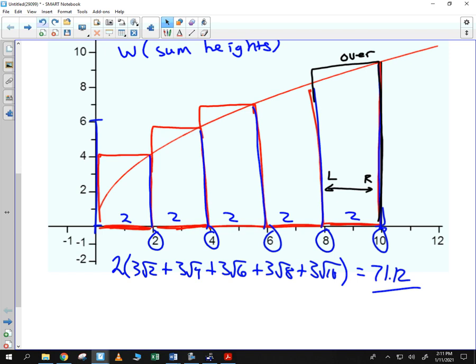Whereas now I'll use green. If you go to the left side and draw it up and over the other way, then it becomes an underestimate. It's not always the case that right side is over or left side is under. Sometimes they switch. It depends on the shape that you're working with. But for this lesson, just for this lesson, you are always going to be looking at right side.